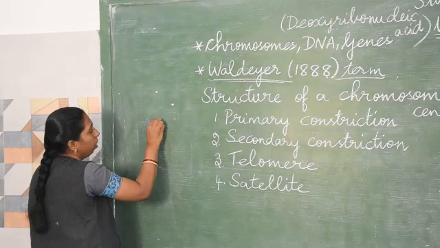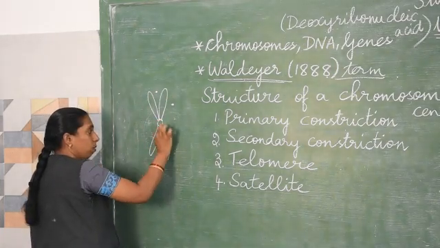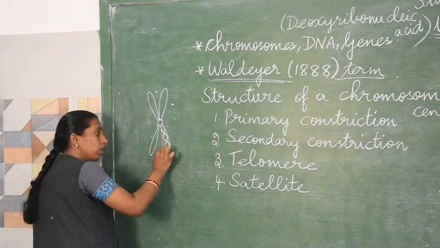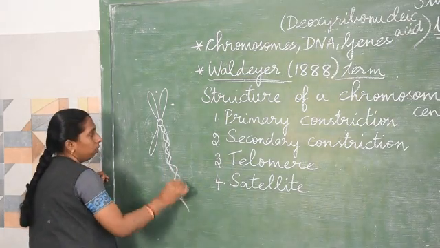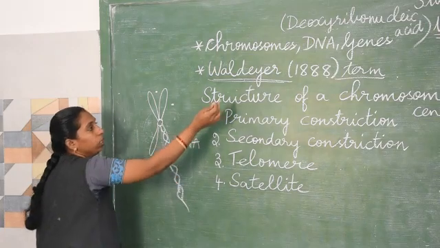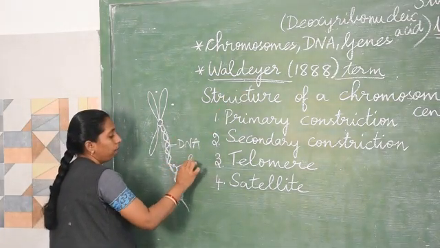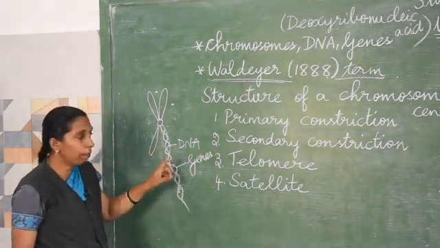Now listen, you have the centromere and here you have the structure of chromosome. These chromosomes are made up of DNA, and genes are nothing but segments of DNA. Genes are nothing but segments of DNA.